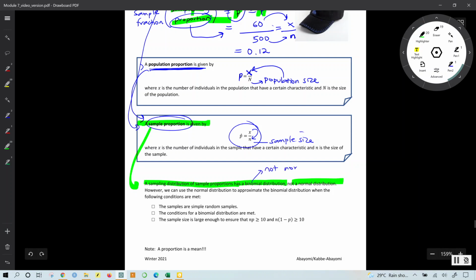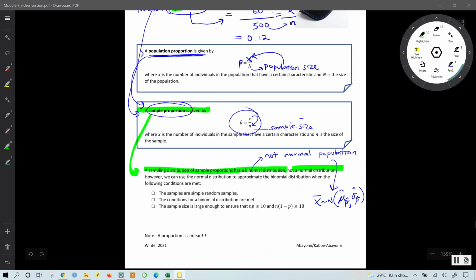But if we were to observe all the sample proportions that can be drawn from this binomial or non-normal population, it is possible that the sample proportion can still follow the normal distribution with the mean mu and standard deviation, whose formulas will be given on the next page.